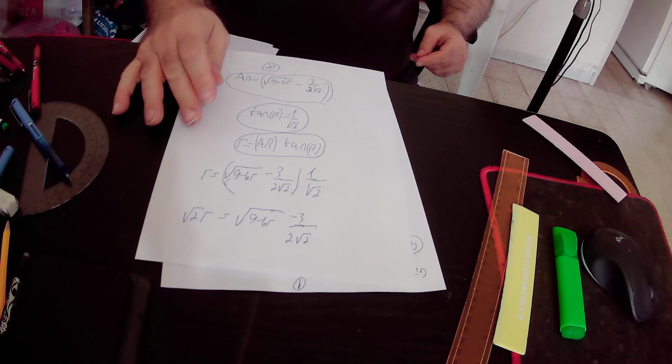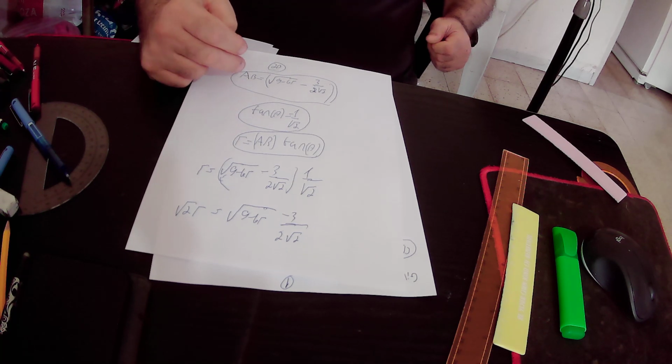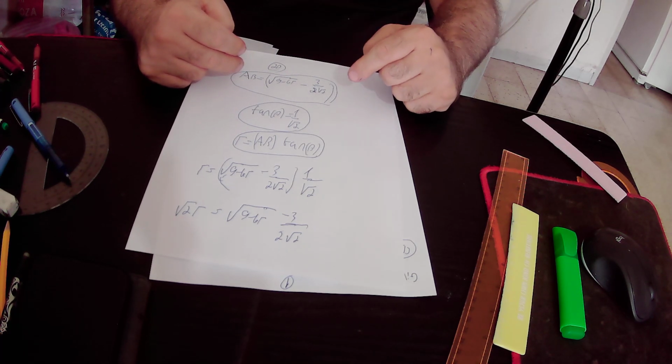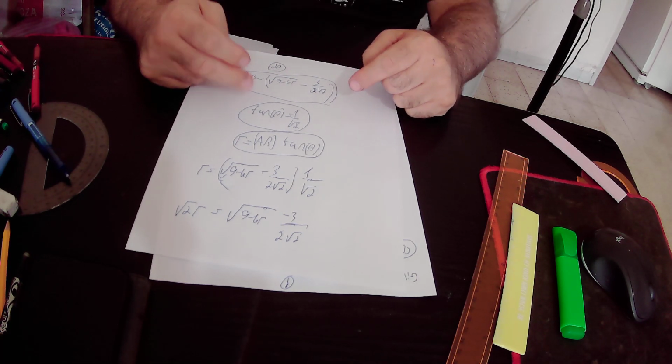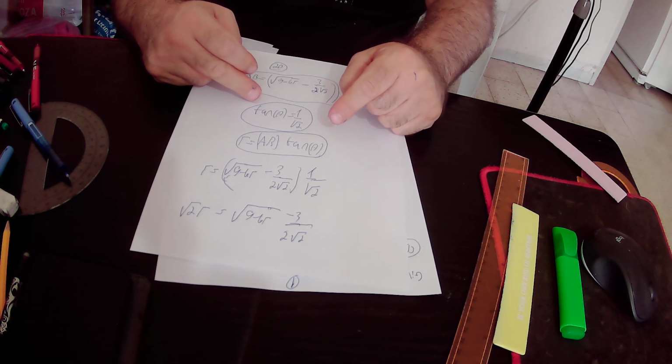The radius of the small circle equals AB times tangent theta. So the only thing left to do is to substitute AB by this value and tangent theta by 1 over root 2.